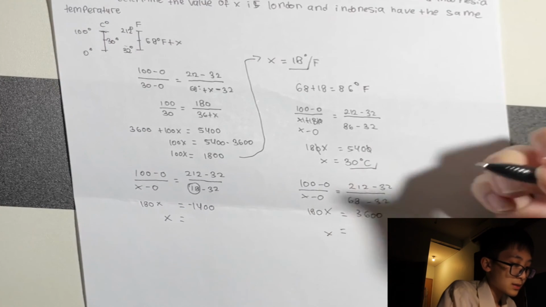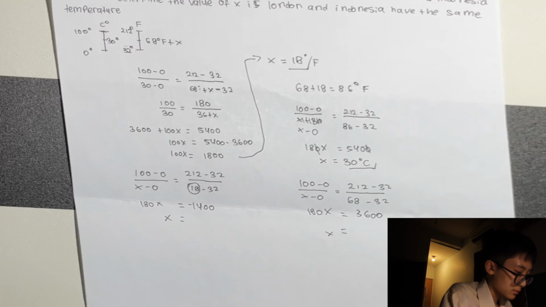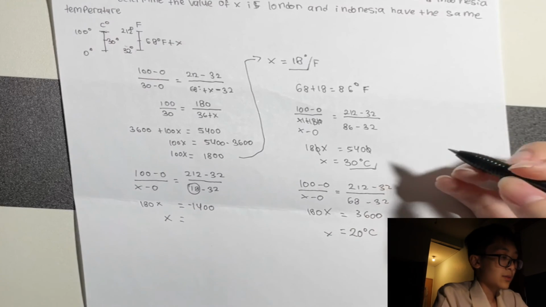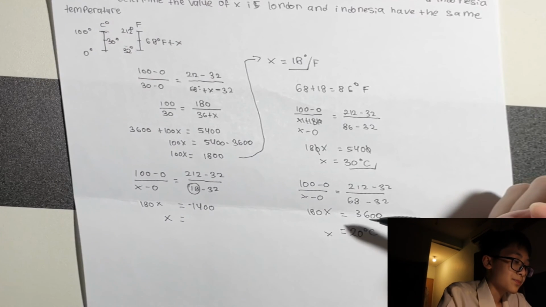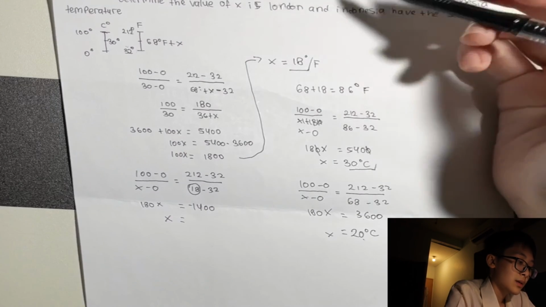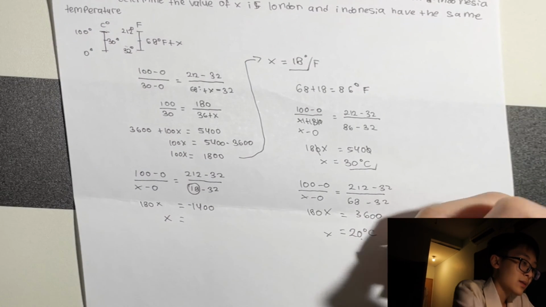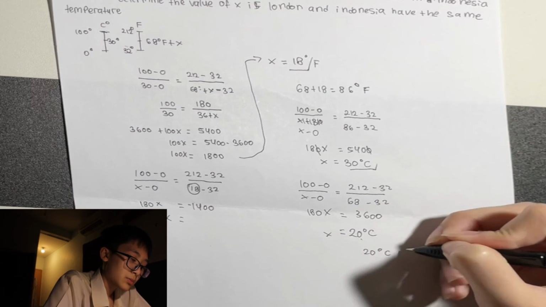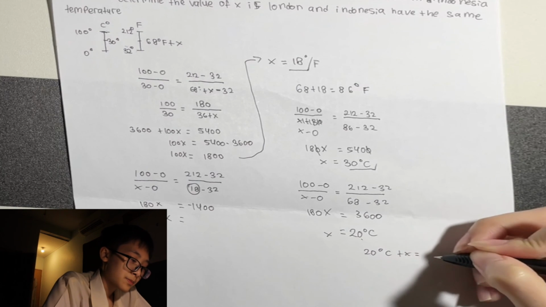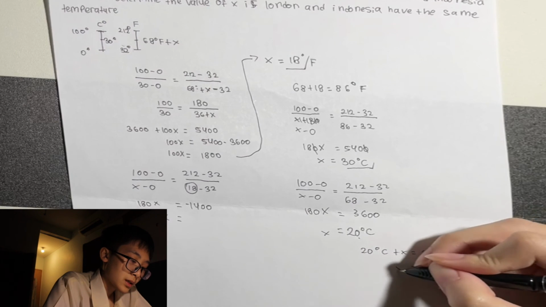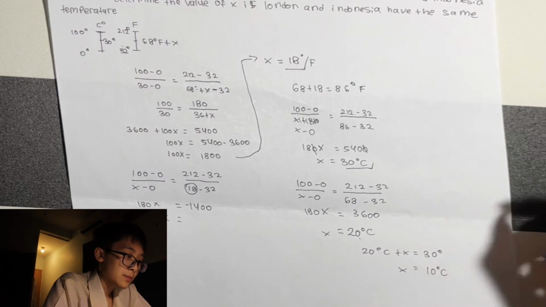We get the value of x divided by 80 is 20 degrees Celsius. Since we know that 20 degrees Celsius is 68 degrees Fahrenheit, we can do like this to find the x. 20 degrees Celsius plus x degrees Celsius is equal to 30. And then we got the x is 10 degrees Celsius.